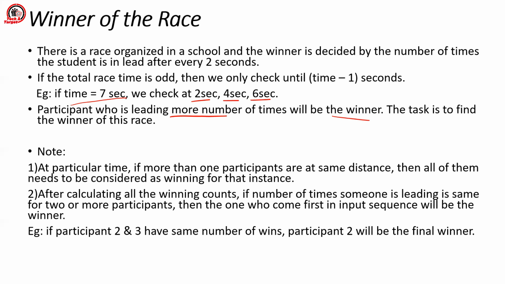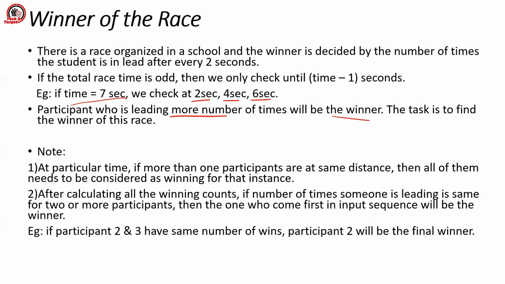By checking this way, after all of this is done, we'll be able to get a points array, right? So first person, how many leads does he have till now, and the second person, how many leads does he have till now, and so on, isn't it? Now, we will directly find who is having the more number of points in the array, and we will return that particular index as the answer to this question.